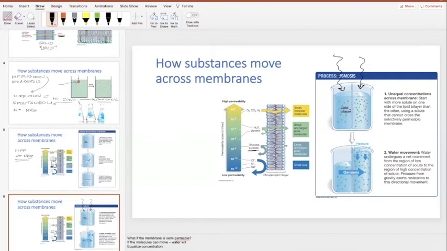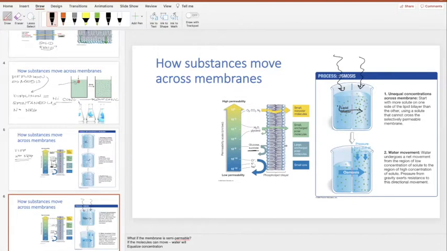What's going to happen? Well, you know what does move across the membrane is water. So if the glucose can't move, the water can move. And what will happen is the water will move until, again, we have an equalization of concentrations. So the water is going to move in this direction to equalize this concentration.